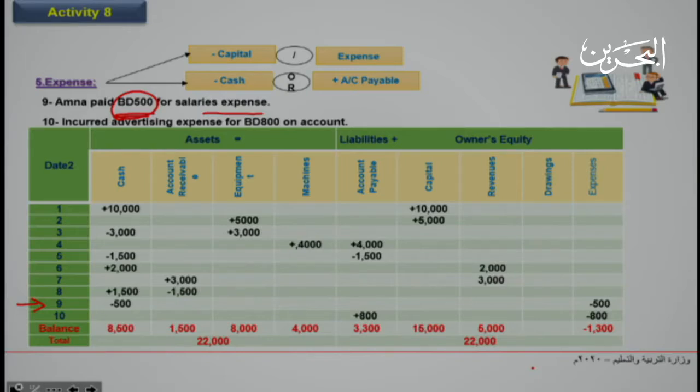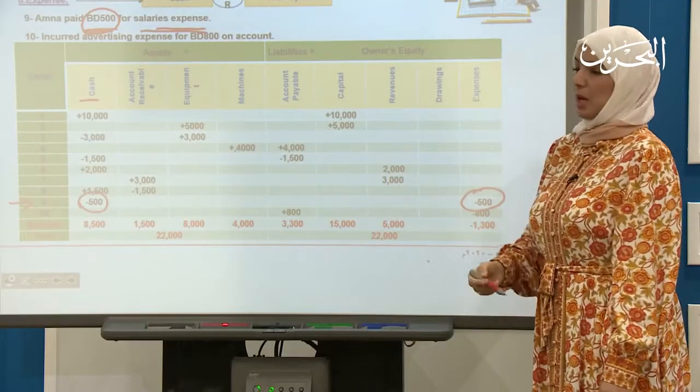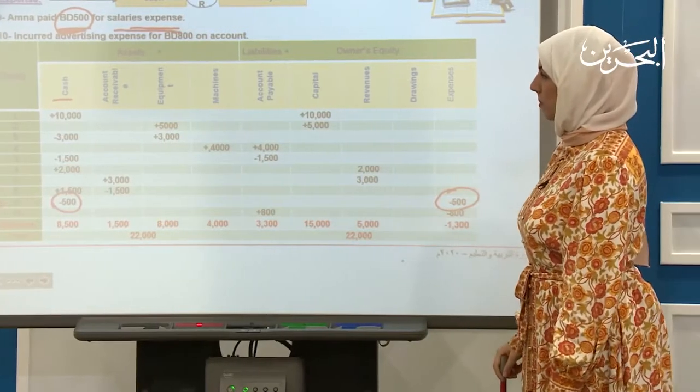Coming to the cash account, I will decrease it by 500, the amount that I paid. Moving to salary expense, I will shift to the owner equity section under the expense, and I will decrease it by 500 because I pay this expense.